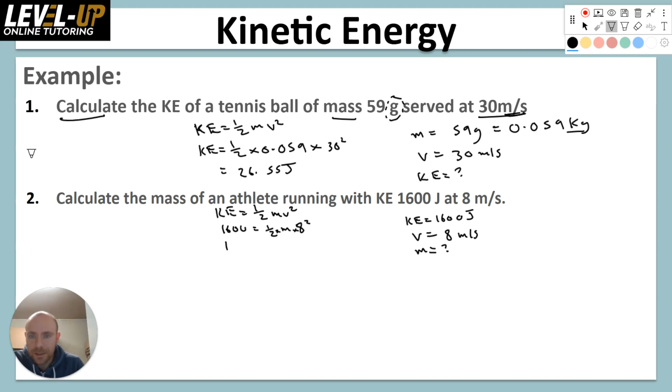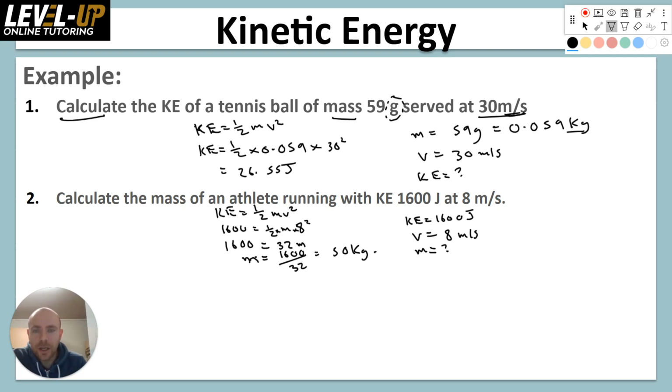And I can complete those numbers. Let's do 1,600 equals 64 is 8 squared times a half, 32 m. So m equals 1,600 divided by 32, which comes to 50 kilograms.